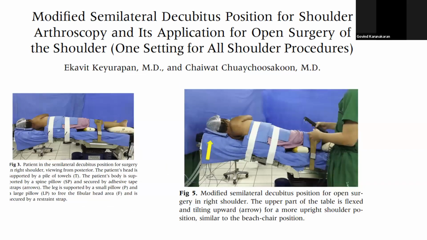And this is a recent study from Thailand, which showed a newer position, the modified semilateral decubitus position. They have advised it for shoulder arthroscopy, which combines the advantages of both positions.